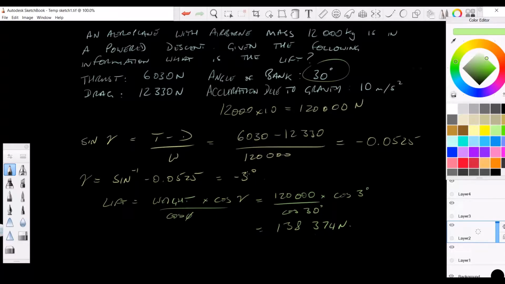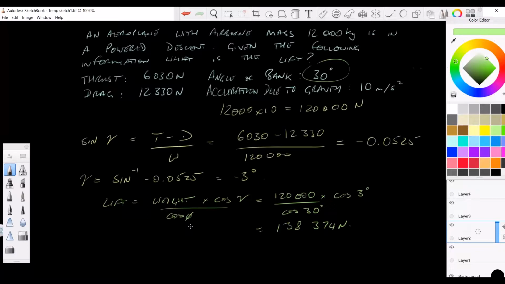Now, as I said before, the part about the climb or descent, in this case the descent, doesn't make much difference. Again, in other contexts, we approximate the lift to weight. We say lift is approximately equal to weight in the climb or descent. We use that approximation even in some of our gradient formulas.